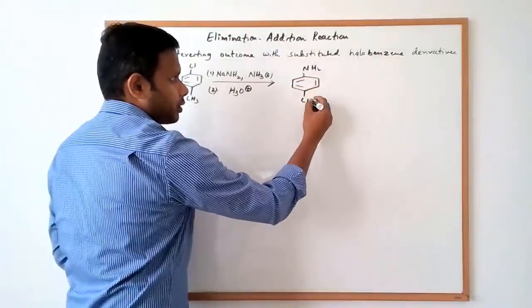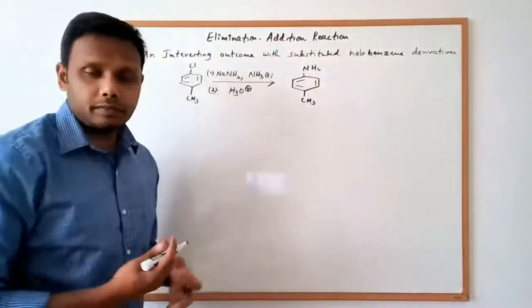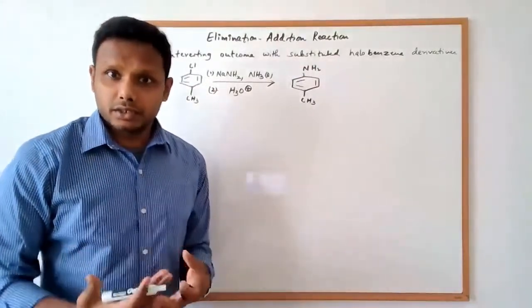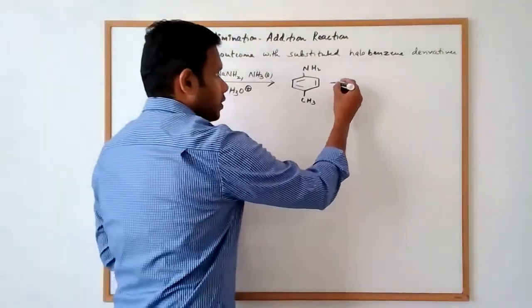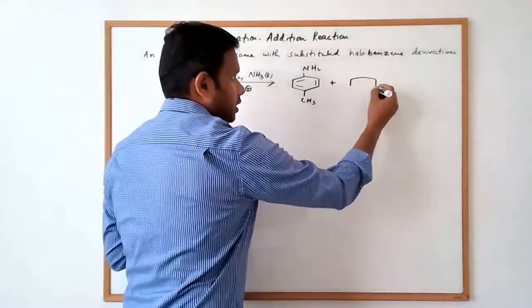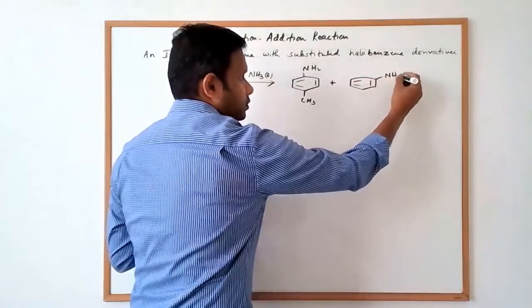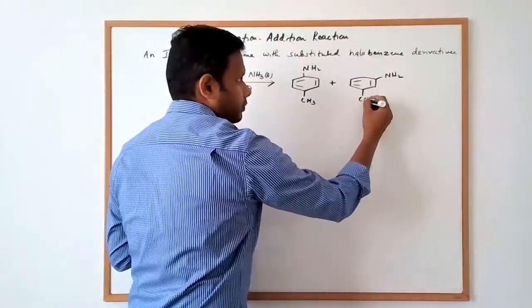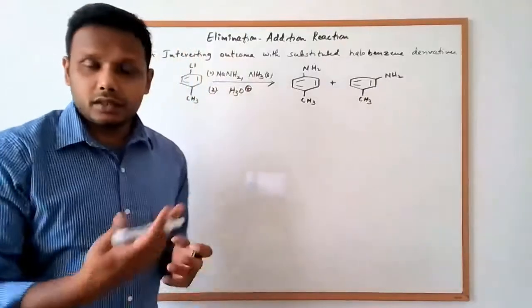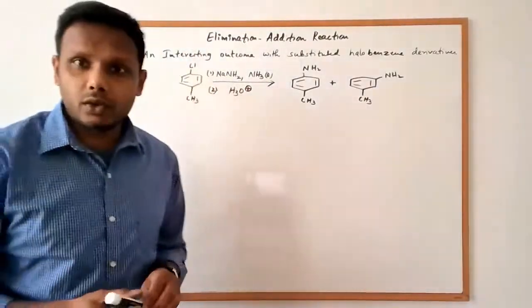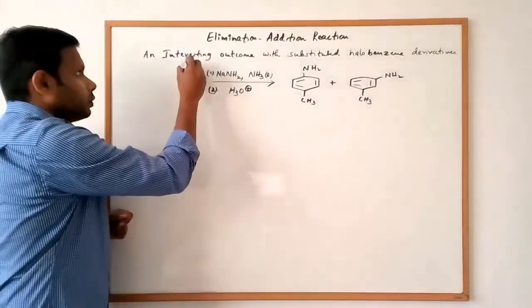So this is the product that we would expect. But it turns out under these conditions, an additional product is formed, which has the NH2 group meta to the methyl group, or at a different carbon than where the chlorine, the leaving group, was located.